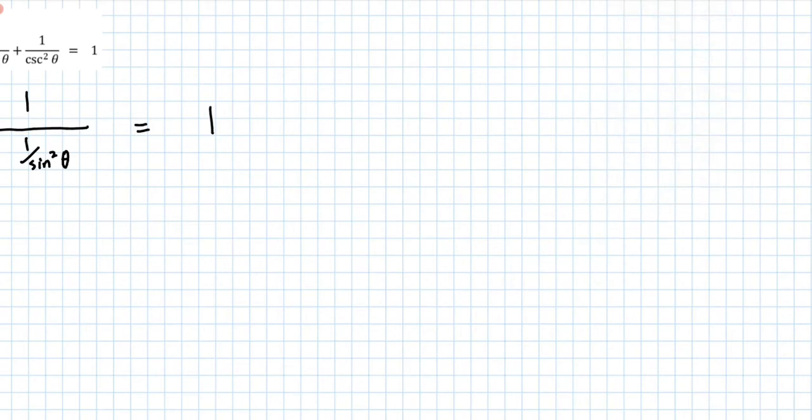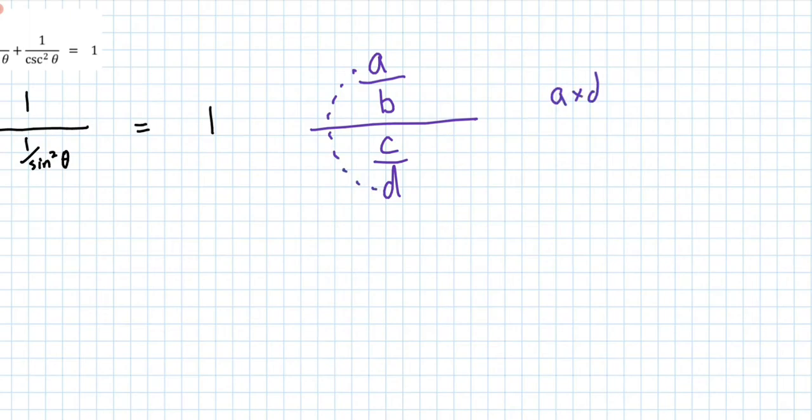If you have A over B all over C over D, what you can do is take the outside numbers, A and D, multiply those together, and you'll get AD as your numerator.